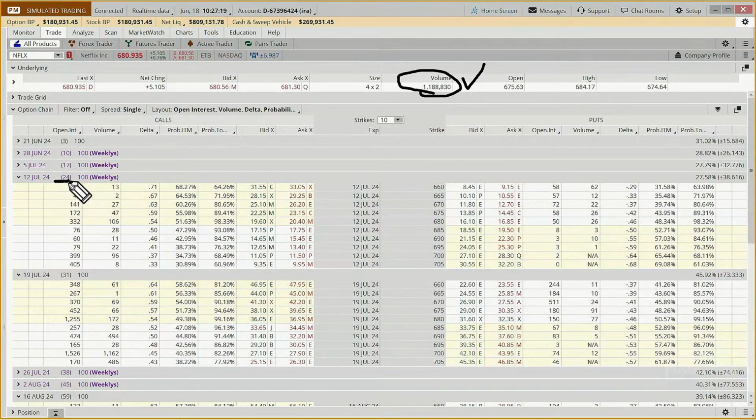We want it to be 20 to 50 days. So we've got 24 here. This is a weekly in purple, so it's likely to have less volume. You can see here, we have 1,200 contracts. Actually, we're going to be on the put side, so we're not really looking at this side. This is the calls. We're over here on the put side.